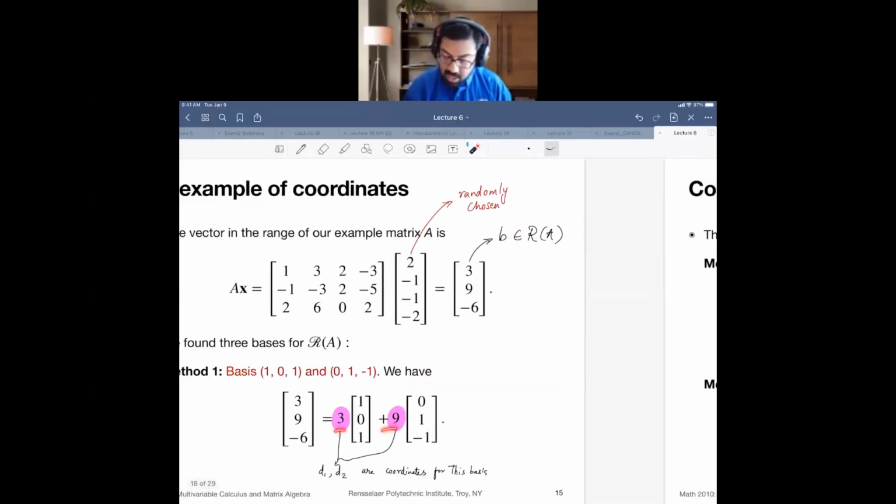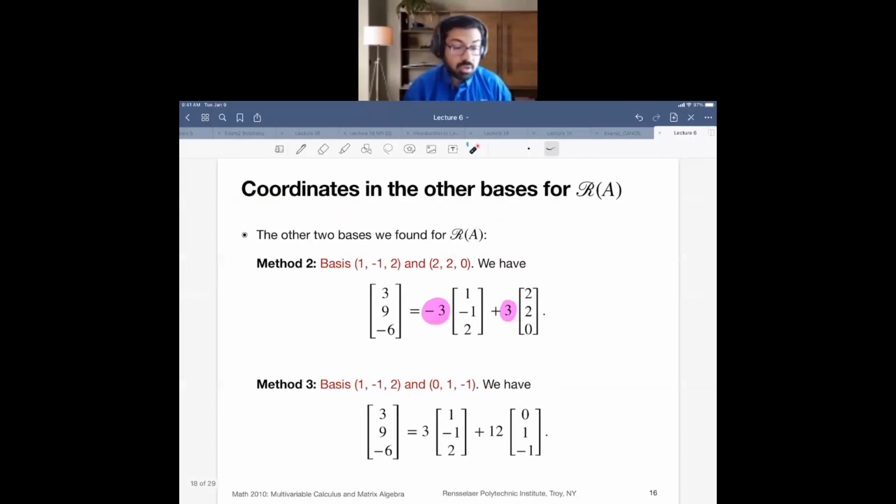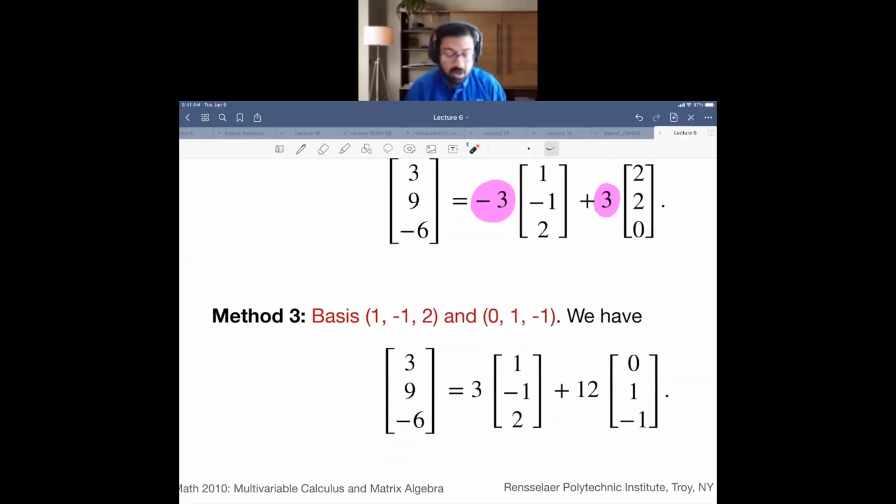Here you had 3 and 9, you had different coordinates when you change the basis for the same matrix A. Next, our third method, which was to find the row space of A transpose, gave us this as your basis. So you need 3 times the first vector here and 12 times the second vector here to get to the same B. So the coordinates over here are going to be 3 and 12.